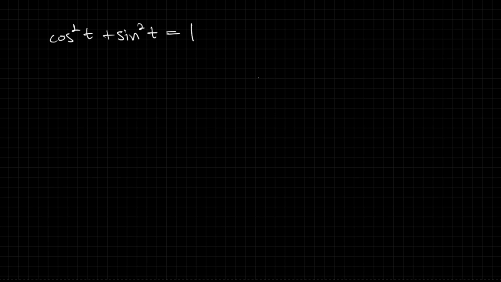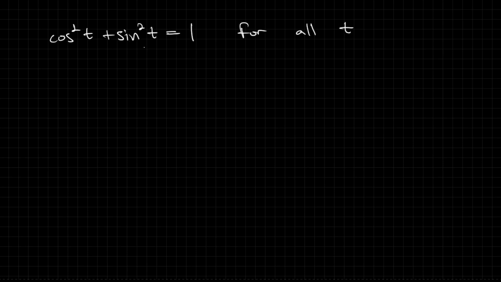And now, remember, this is true for all t. Doesn't matter what t is, cosine squared t plus sine squared t is 1. And now you can take this identity and we can multiply or divide both sides by whatever we want, and we would get a new identity.